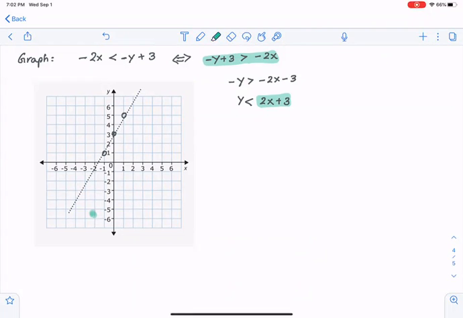So everything below the line would be a solution, or points that would satisfy the given inequality.